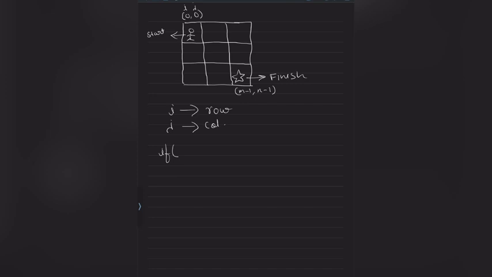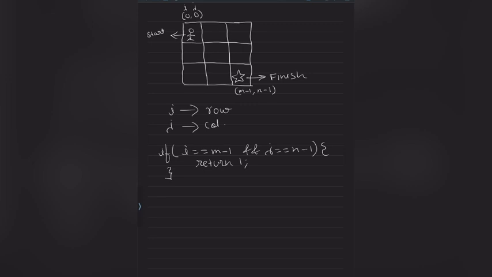If the robot reaches m-1 and n-1, so i will be equal to m-1 and j will be equal to n-1, then this is the final position that the robot reached. So if he achieved his goal, what will we return? We will simply return 1, because one possible path we have achieved.